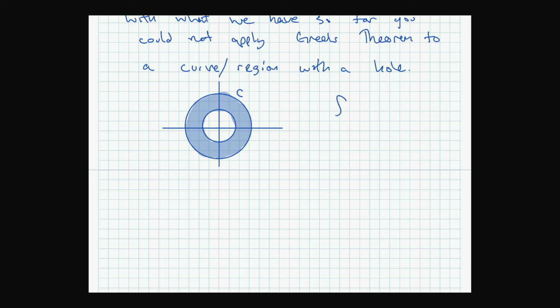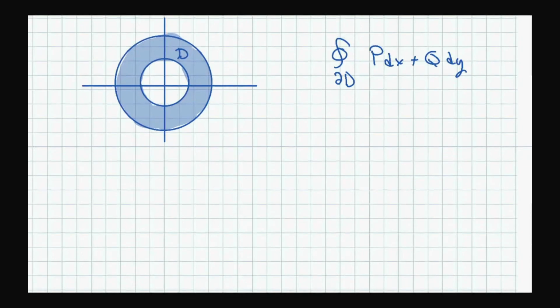You have the integral over C. Actually, the way they like to do it is they don't call that C. They like to call the inside D, and then they say you're doing a line integral over this symbol, and that means the boundary of D. And then I could just say P dx plus Q dy or something. So this is just a note here.